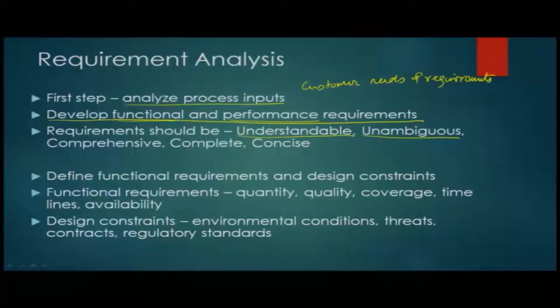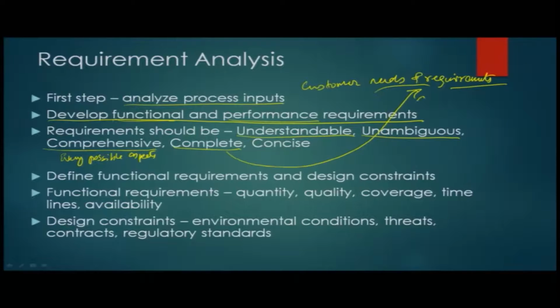It should also be comprehensive, because all aspects, everything that needs to be considered for the product development, should be considered as part of this. Every possible aspect should be considered. It should be complete, because once it is done, none of the needs and requirements should be left out.